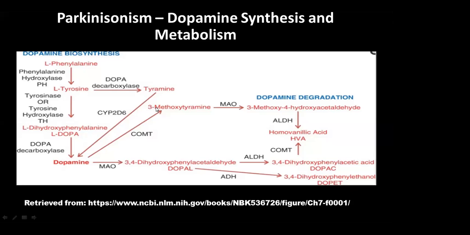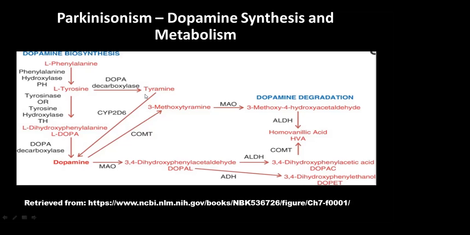In here, you can also see the tyramine, the amino acid. Through the help of the liver enzyme cytochrome P2D6, this tyramine can also be converted to dopamine.